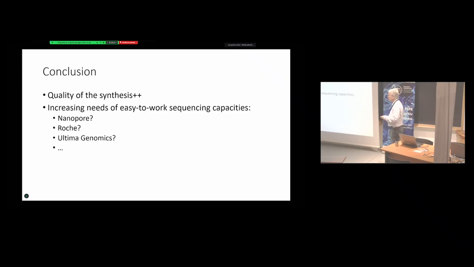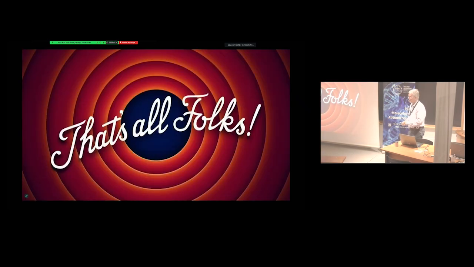But as I said also, it's very important to go beyond that and to develop the capacity to read much larger sets of data. So we need to consider all the different options in order to have a sufficient level of sequencing. And with that, I'm finished.